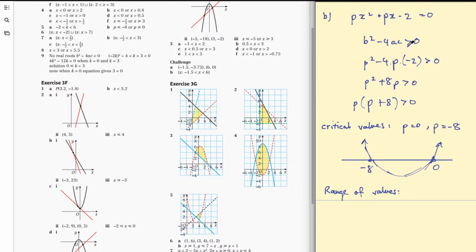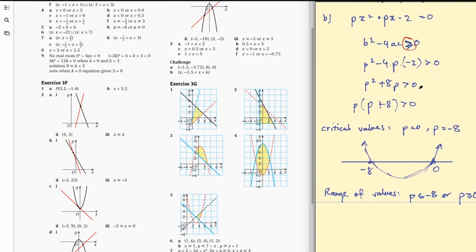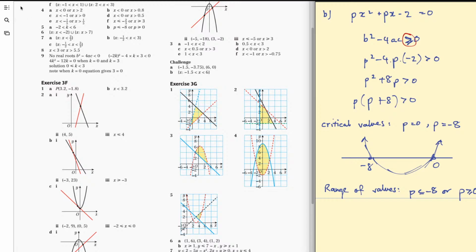This should be greater than or equal to 0 because the discriminant can be equal to 0 and have one solution. Okay. Lucky I checked that one. So this is when p is less than or equal to negative 8 or p greater than or equal to 0. Okay, couple of errors there, but it's all fine.